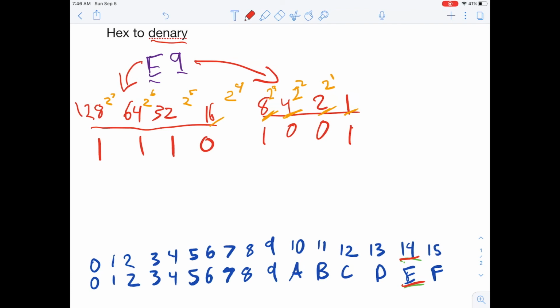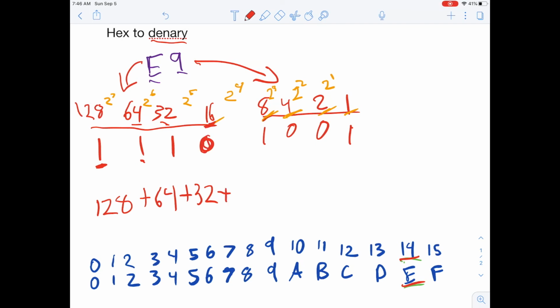Okay. Now that we have those place values up there, we can see that this 1 in this binary digit right here is going to be equal to 128. This is going to be equal to 64, so 128 plus 64 plus 32. And then there's no 16s here.